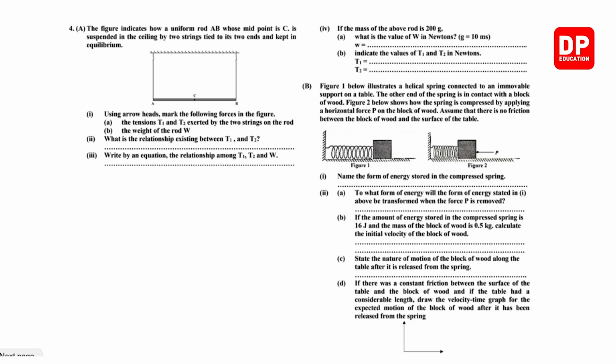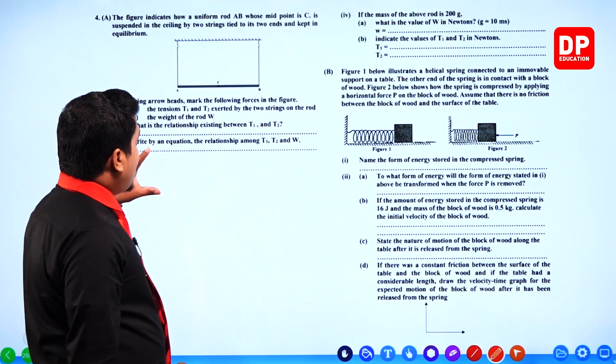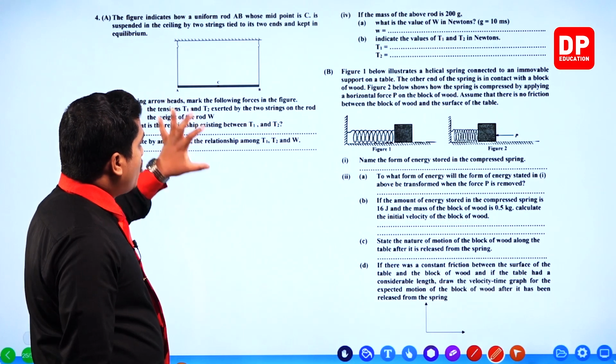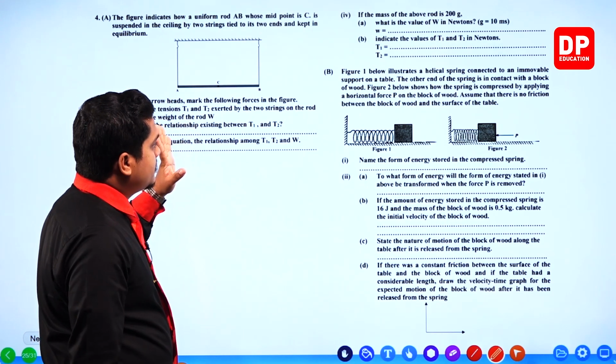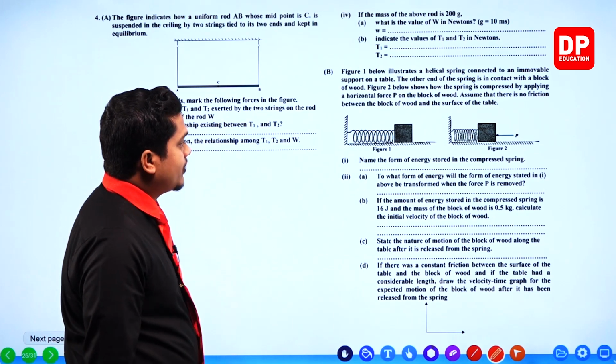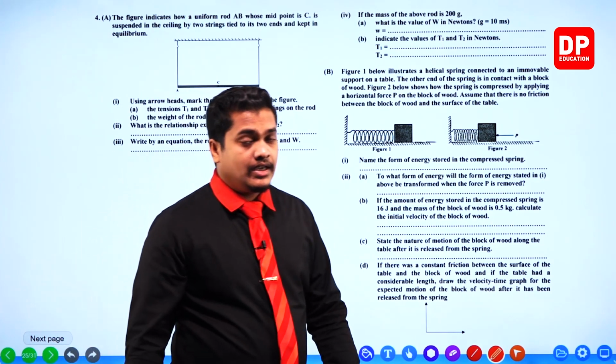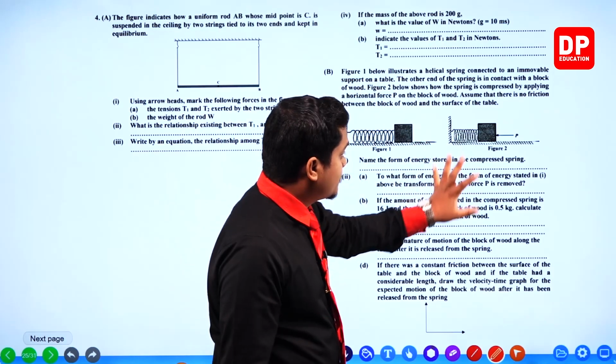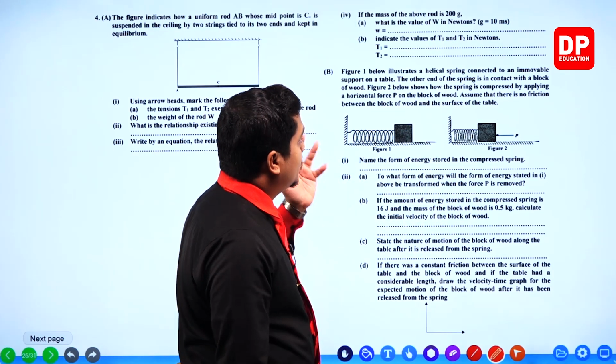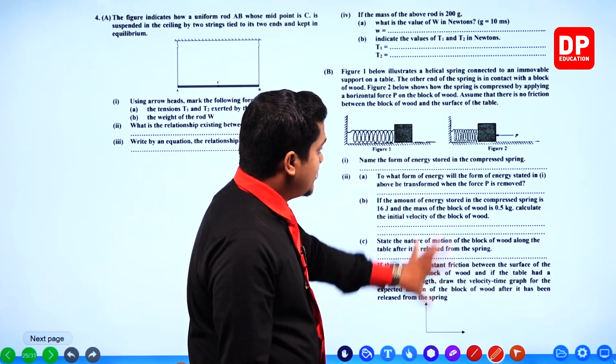Question number 4 is totally related with the physics lesson parts. Within the first part of the question, there's a certain rod related with certain forces. So you have to answer the questions related to that by using the diagram given, right? Then in here, my dear children, there's a spring and there's a metal block. Then you have to answer the questions regarding these things.